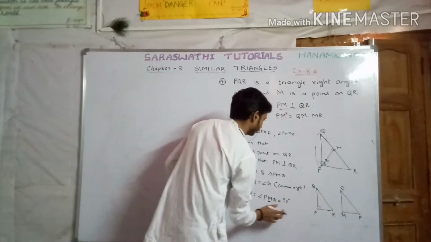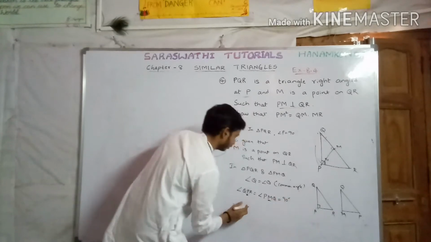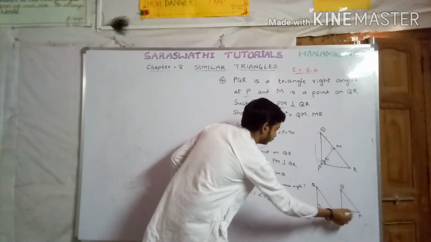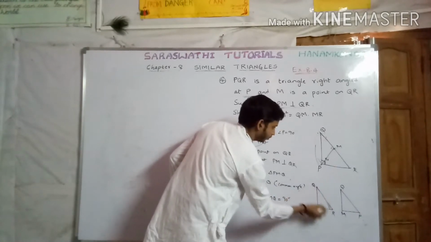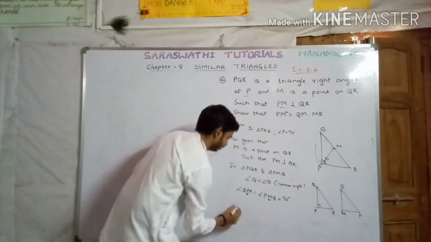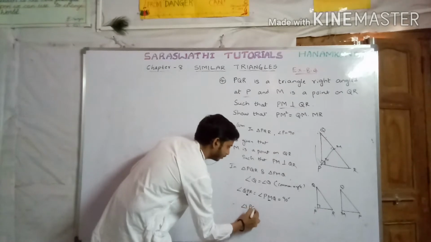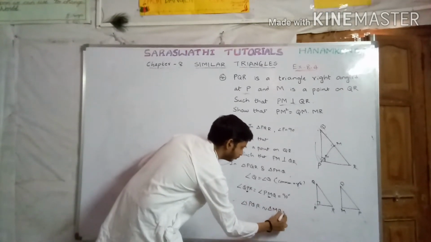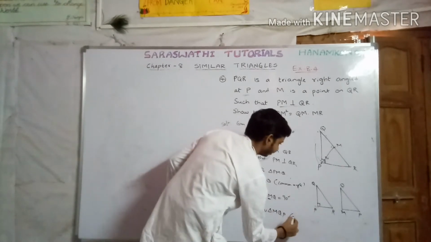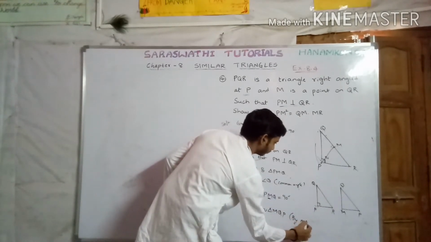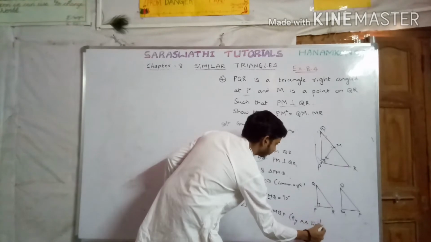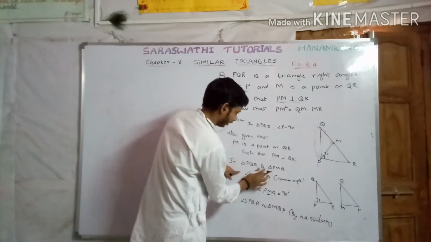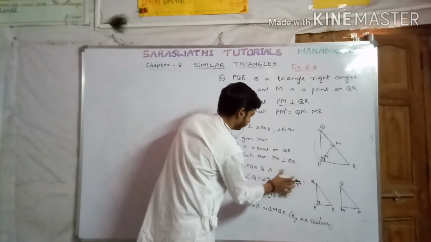So triangle PQR is similar to triangle MQP by AA similarity. This is the first equation. So change the triangle to MQP.